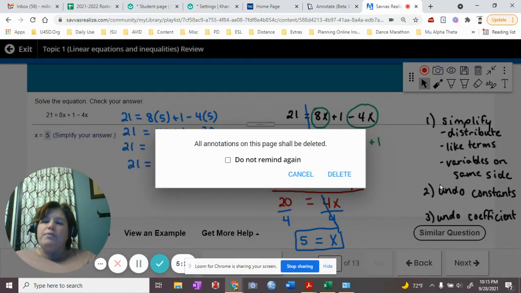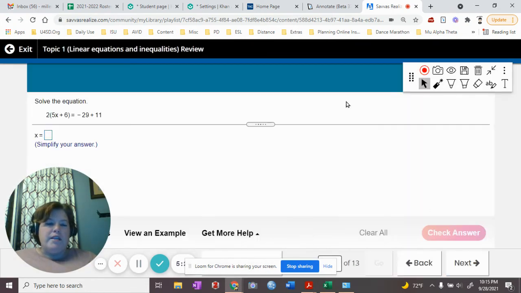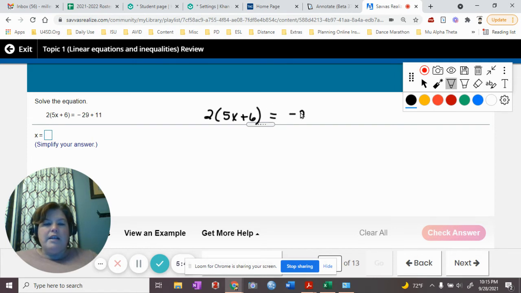Remember those 3 steps because that's what we are going to do in the next equation. We are going to rewrite the equation. 2 times the quantity, 5x plus 6, equals negative 29 plus 11. So going through the steps, simplify.